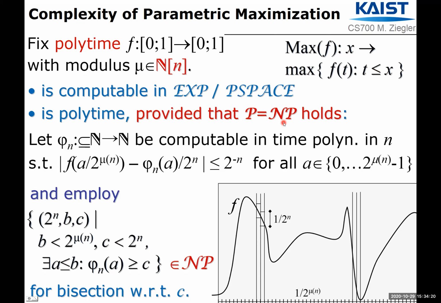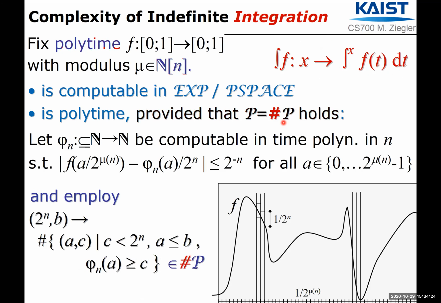Now let's look at another popular problem in numerics, namely that of integration. More specifically, we're going to investigate indefinite integration, that is, the antiderivative. So this is the operator of indefinite integration. The argument is a continuous function, so that the Riemann integral is guaranteed to exist.